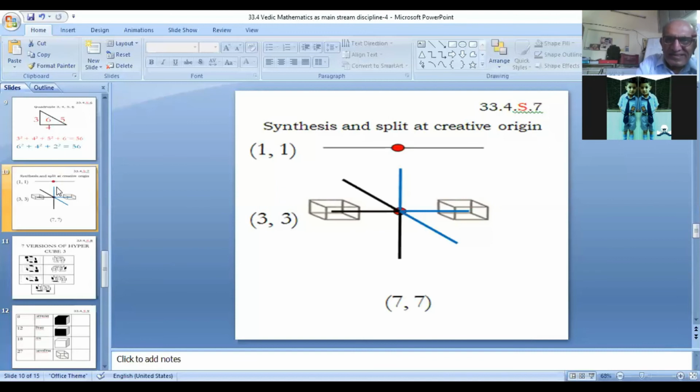Therefore, this synthesis and split, as it is of a feature of a pair of linear axes synthesizing as an axis and the 3-dimensional frame splitting into a pair of 3-dimensional frames of half dimensions and synthesizing as a 3-dimensional frame of full dimensions, and each of the domain having 7 versions. So the reach from pair of values 1, 1 to pair of value 3, 3, and next step will take us to value 7 and 7.